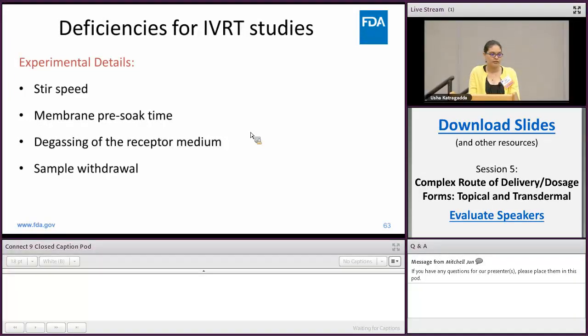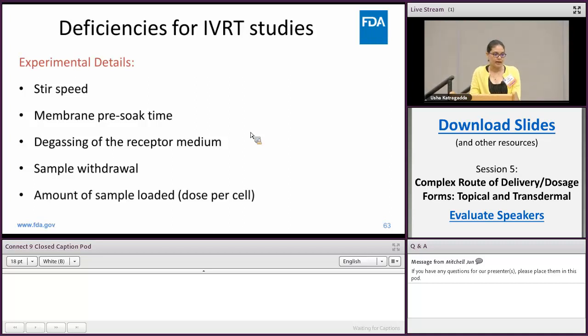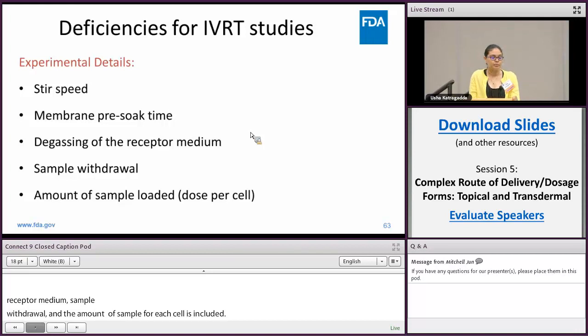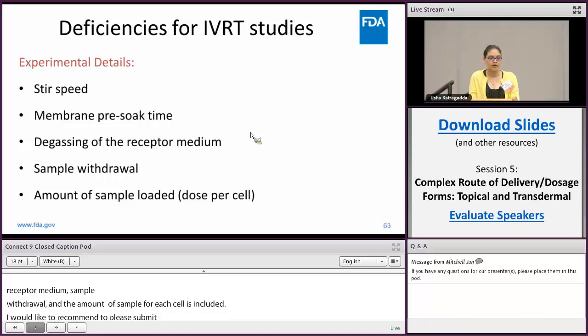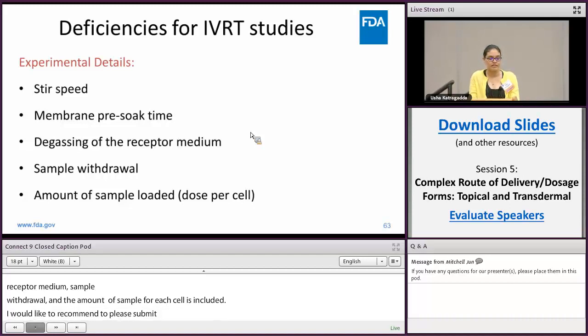Degassing of the receptor medium, and sample withdrawal, the accurate amount of sample withdrawal for each cell, and the amount of sample loaded per each cell. I would like to recommend please submit experiment details not only in the pivotal study but in all the reports during the development of IVRT studies and the validation reports.